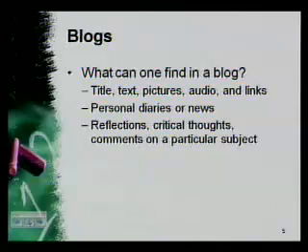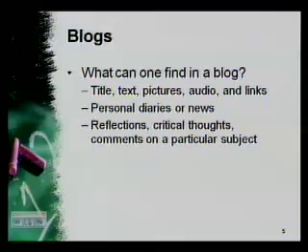Okay, so what can you find in a blog? Typically, there's a title for a post. There's text, there could be pictures, video, audio, links. Often we'll see a blog functioning as a personal diary or some sort of news journal. We'll see a lot of reflecting going on, critical thinking, perhaps comments on a particular subject.